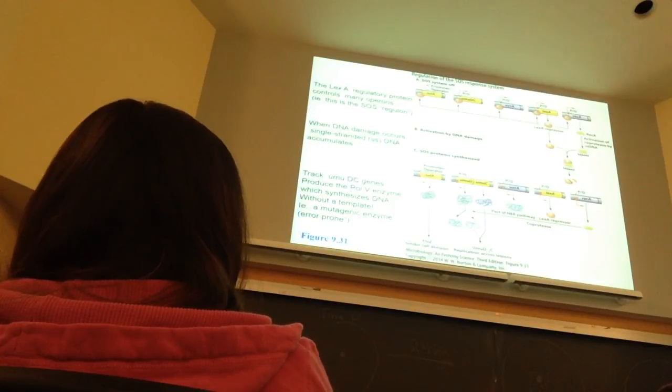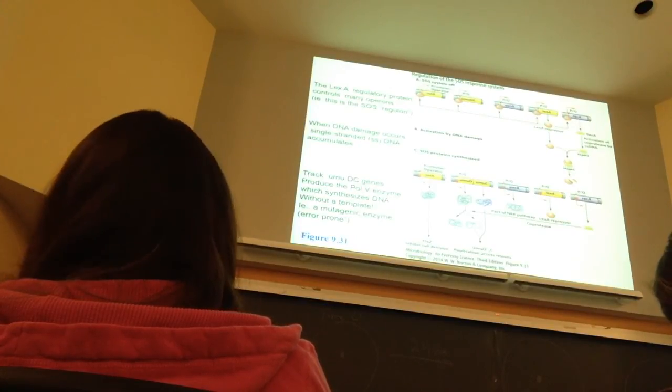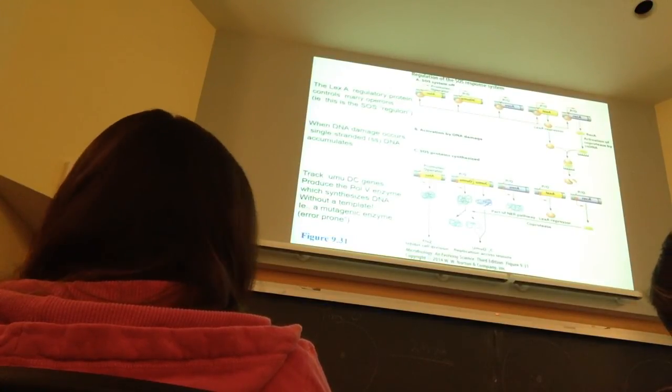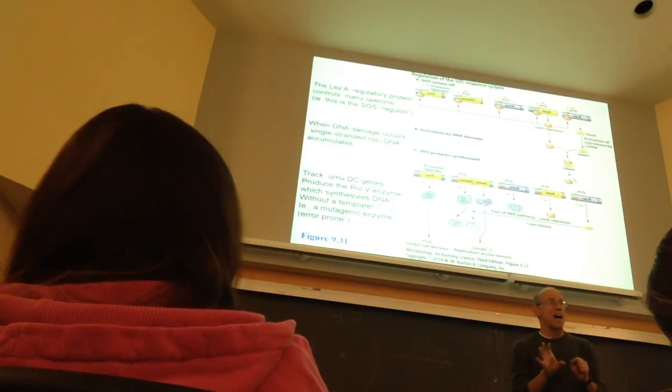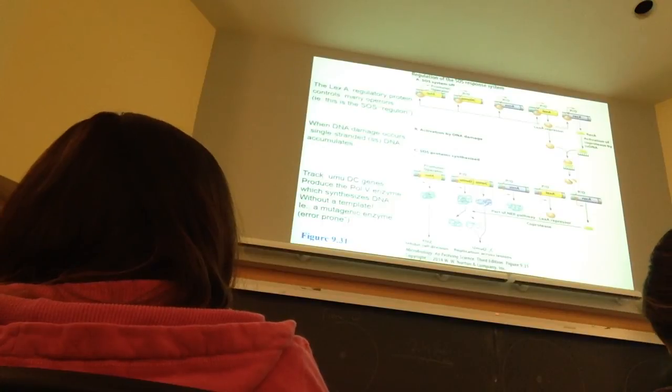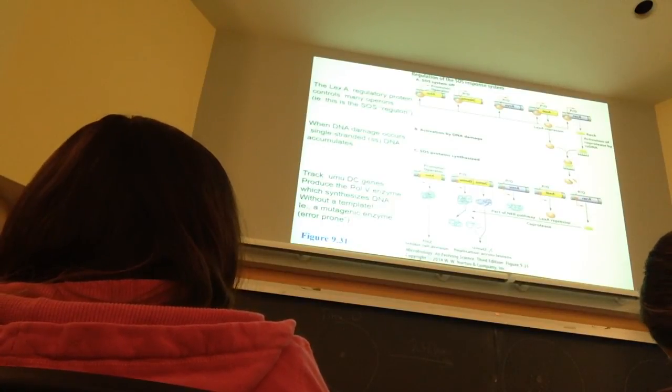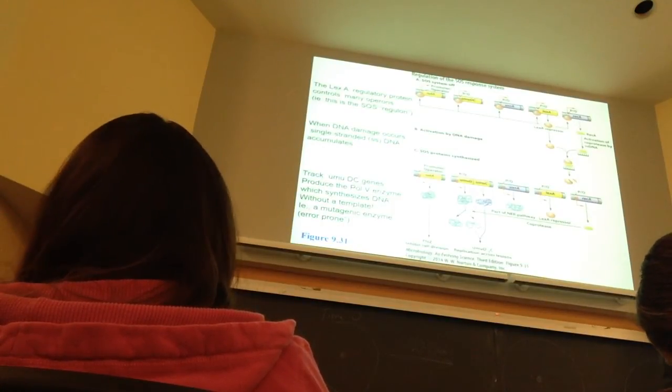That is why you see this arrow going from RecA, which now joins in as one of the subunits, and then becomes this UmuDC product. In other words, it becomes DNA polymerase 5. So DNA polymerase 5 has as one of its subunits RecA.